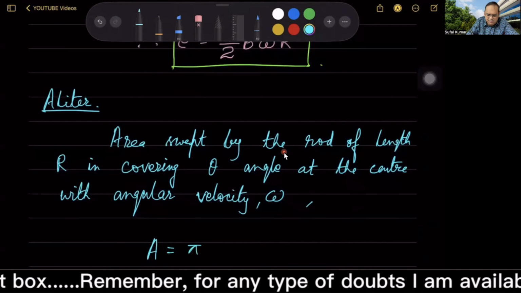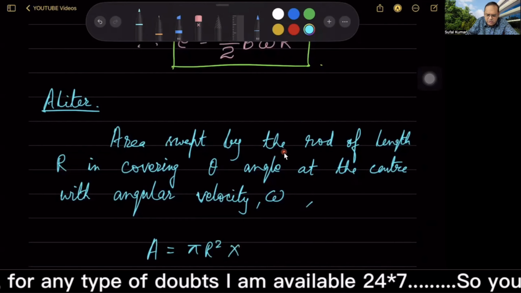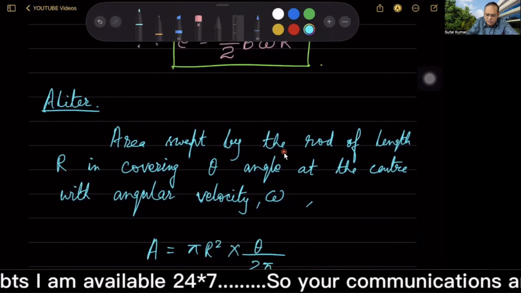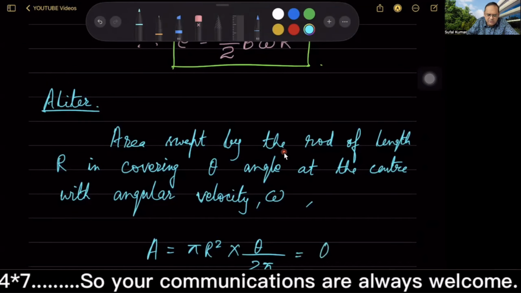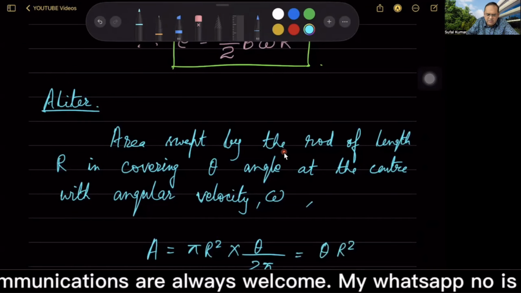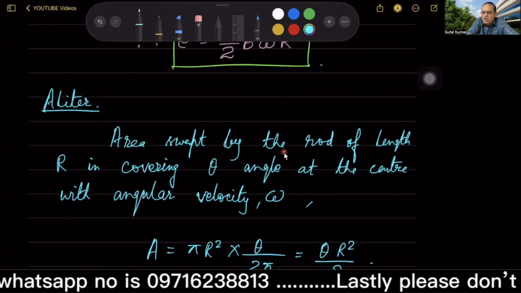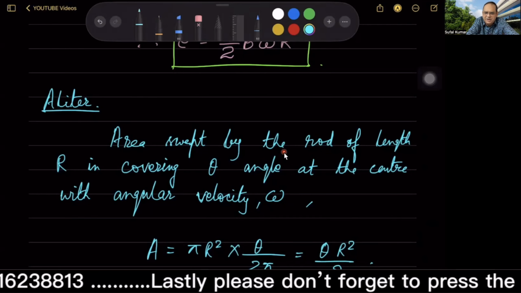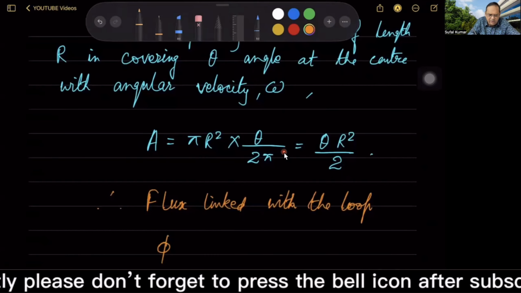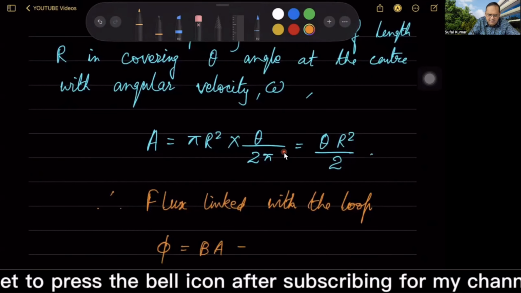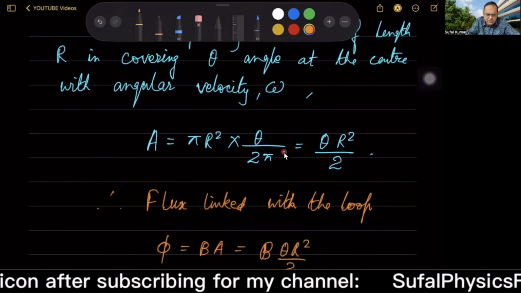The area A is pi r square into theta by 2 pi, that is equal to theta r square by 2. This is just by using the concept of ratio and proportion. Therefore, phi is B A, which is B theta r square by 2.